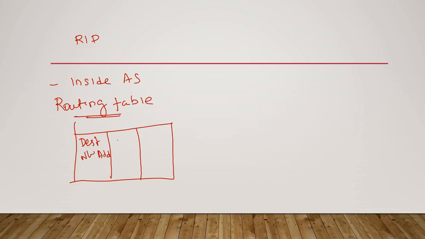The second column describes the next node, the immediate next node for the source. The third column is the metric, that is the cost. So the address of our destination is described here, then the address of the next node router, and then the metric is nothing but our hop count or cost.